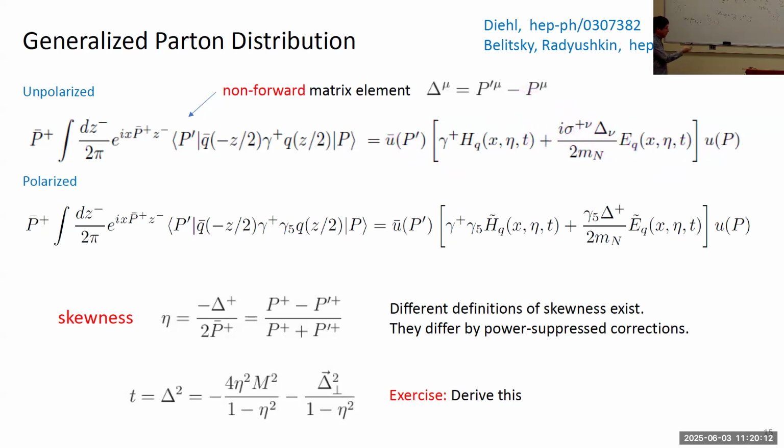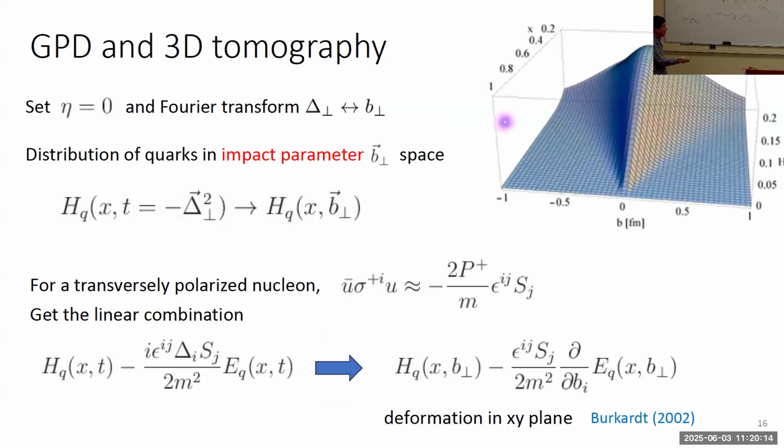This spinor product is approximately given by this expression, and S is the transverse spin of the proton. So I get this linear combination in the small t region. It's a combination of H and E, and you have this explicit dependence on delta.